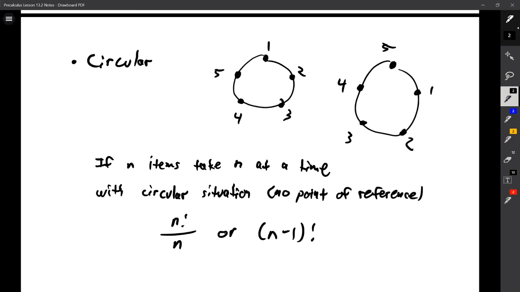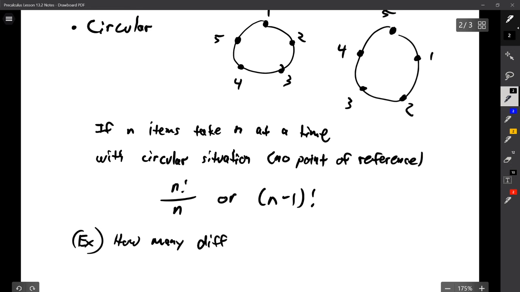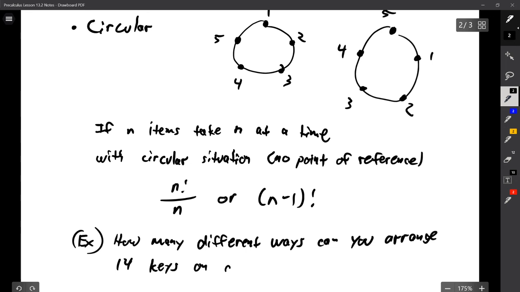So I guess one example we could give. How many different ways can you arrange 14 keys on a key ring?